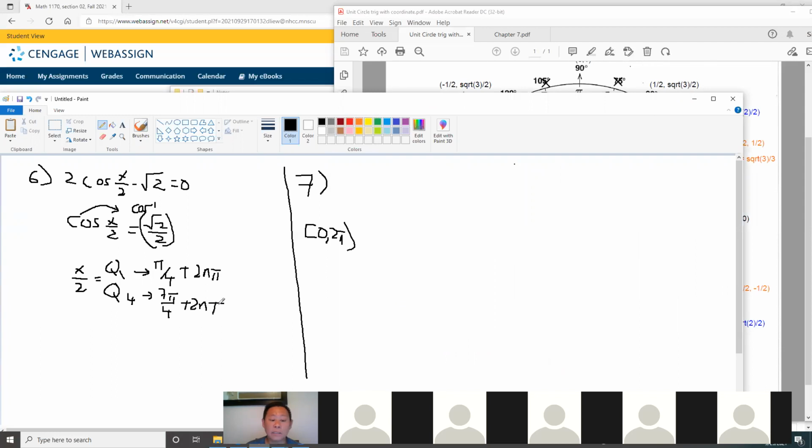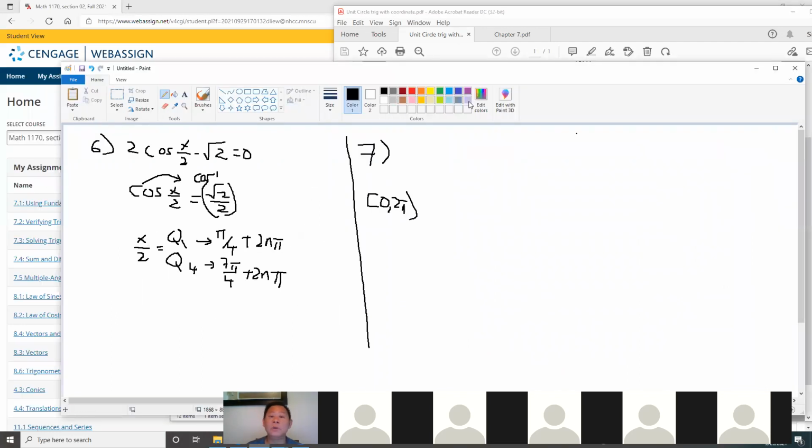Now again, this is not your answer, because you have x over 2. In order for us to get rid of the over 2, you will have to multiply this by 2, solving the equation. When you multiply your left-hand side by 2, you also have to multiply everything on the right-hand side by 2. So this will become x. Can someone tell me what is pi over 4 times 2?